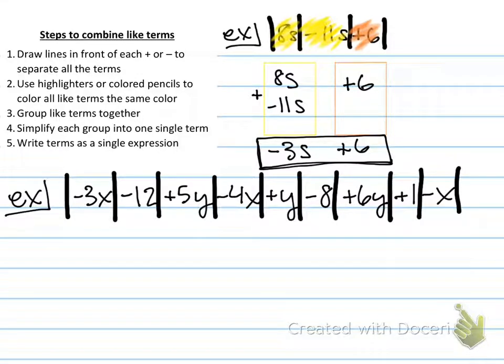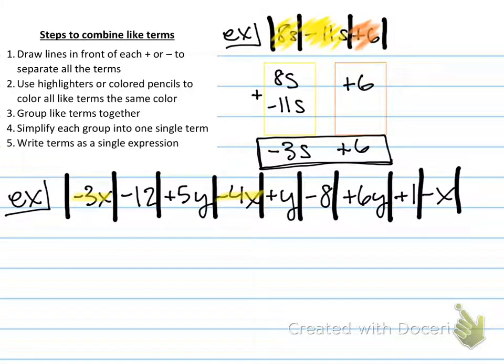Now, step 2, we're going to use our highlighters. So I'm going to start with the first term, negative 3x. And now I'm just going to go through the expression to see if I see anything else that has an x. So negative 12 doesn't have an x, 5y doesn't have an x, but negative 4x has one.